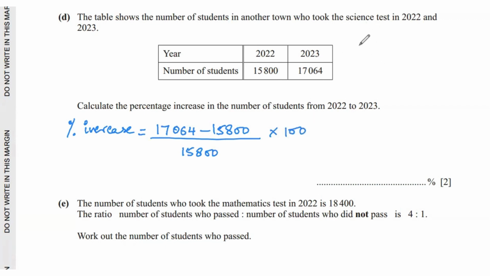The formula for percentage increase and decrease is new value minus old value divided by the old value and then times by 100. So new value is 17,064, old value is 15,800. So this leaves us with 8%. That's your answer.